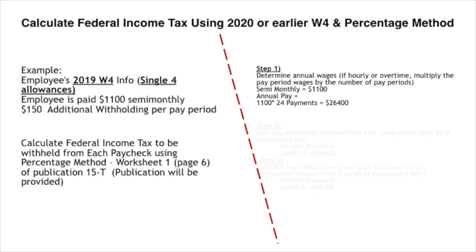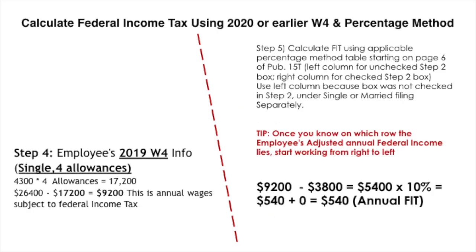On the previous W-4 that was prior to 2020, there was no place where the employee could tell us any additional income or deductions to be withheld. So we are not going to do step 2 and 3. Now, prior to 2020, the employees would claim exemptions on their W-4.